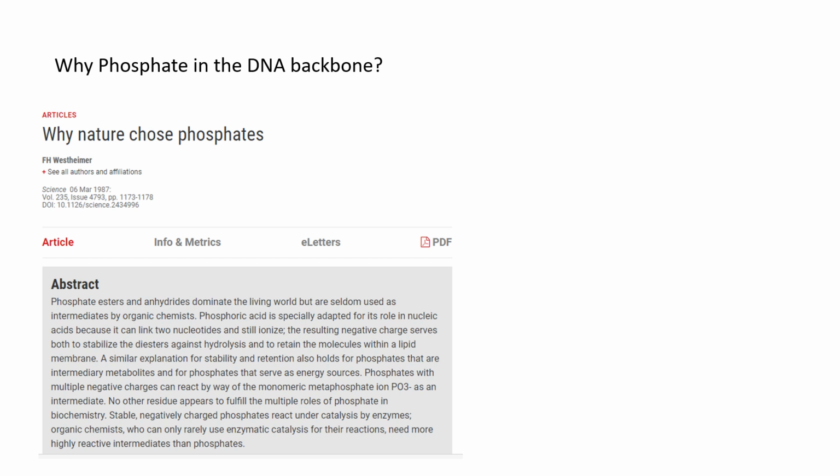And basically, what he says in this paper is that while organic chemists rarely use phosphates, it is ubiquitous in nature, and we will see soon why it was chosen for the DNA backbone, but I just wanted to let you know that this is a topic of significant interest because nature chose a molecule that organic chemists find very difficult to work with, to be able to involve in catalytic reactions, and yet it was nature's chosen molecule.